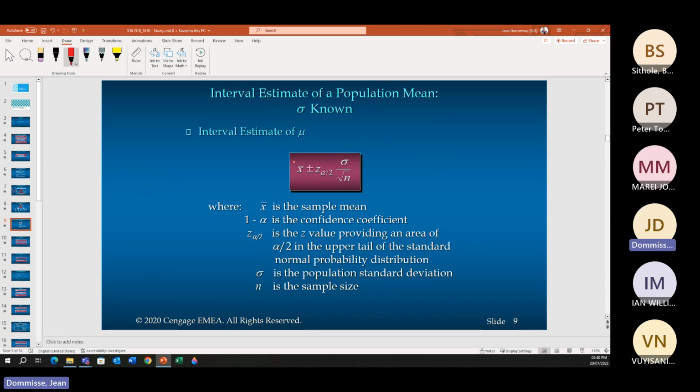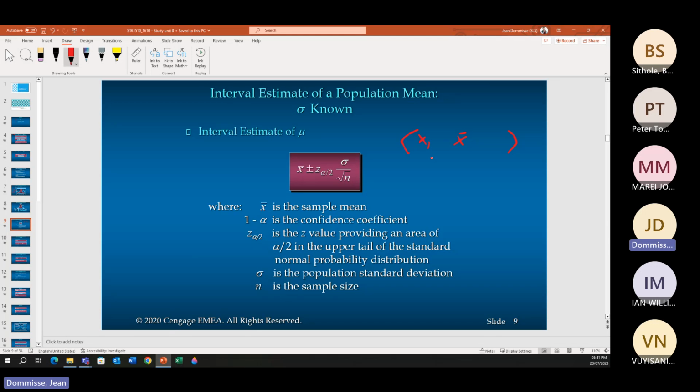So basically, it is your sample mean, and then it's plus and minus. If that is your sample mean, we'll minus it by the margin of error so that we can get a value that is smaller than the mean.